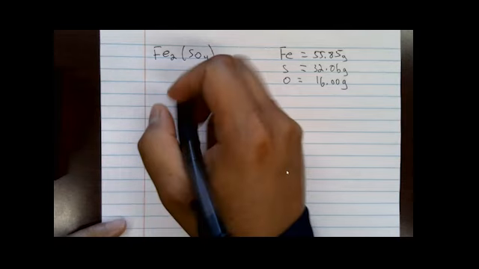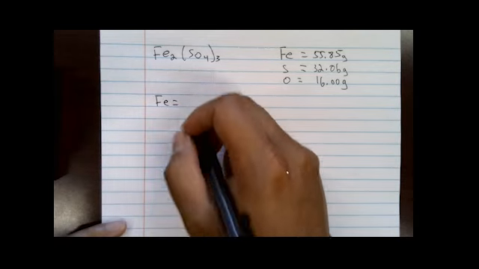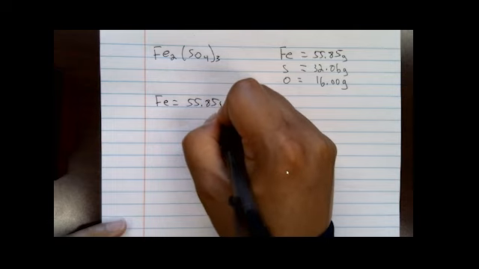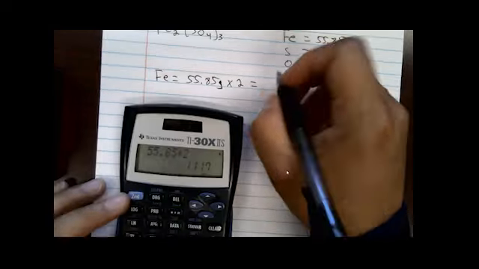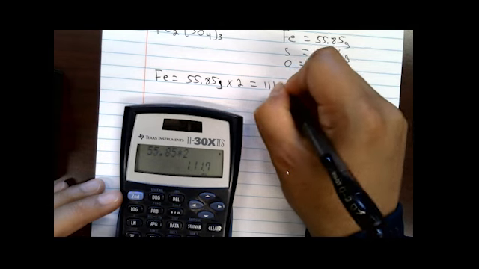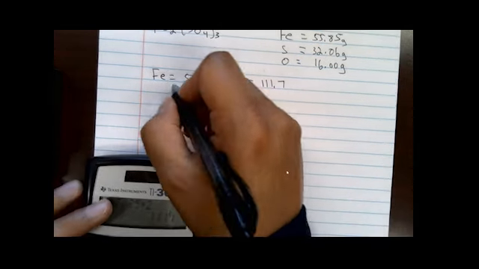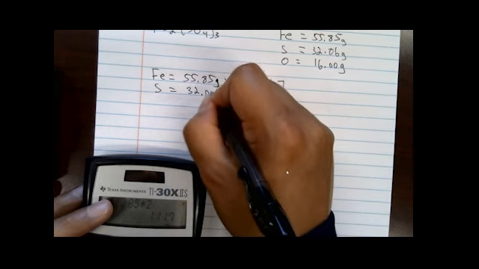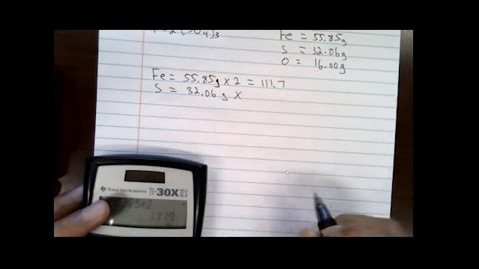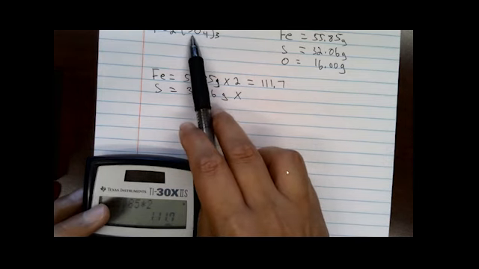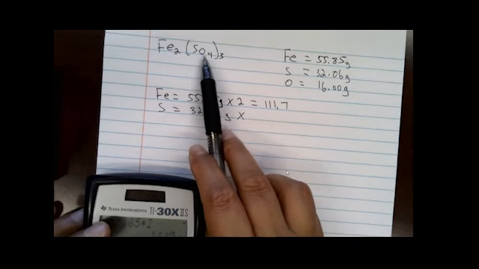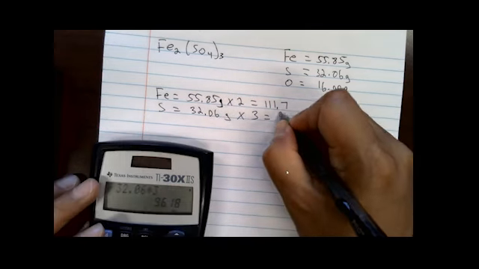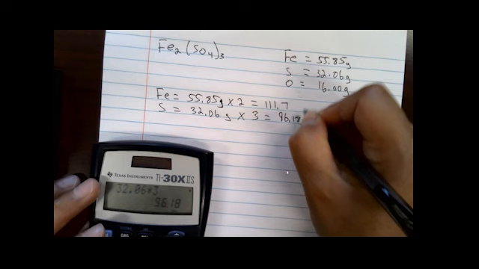So we want to find the total molecular weight for this molecule. Let's go through and do that. For iron, the total weight of iron in the molecule, 55.85 grams multiplied by 2, we get 111.7. Then we look at sulfur, molecular weight 32.06 grams, and we have 3 of those, 3 sulfurs multiplied by 3, 96.18 grams.